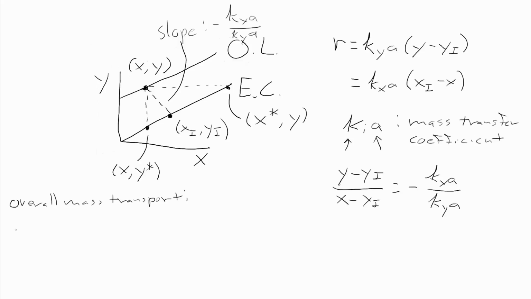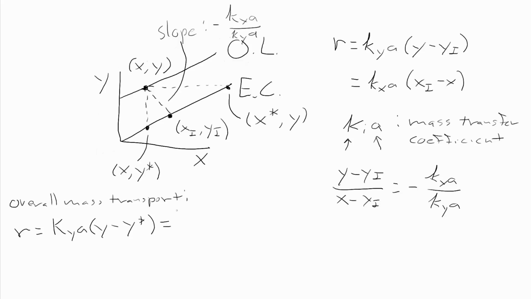And this is going to be defined as R equals capital K_ya, and again, the K_ya is a lumped parameter. We'll just treat these together, times (y minus y star).